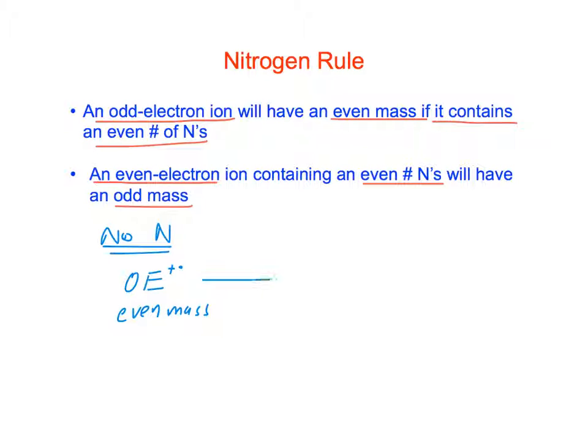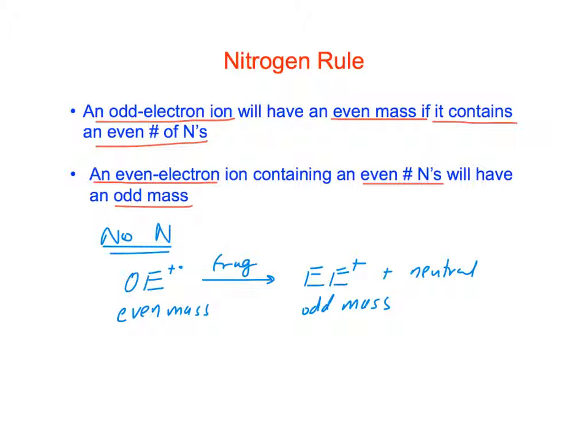If this fragments, then we will get an even electron ion, and this even electron ion will have an odd mass, and it will give off a neutral piece, the radical usually. So this is the most common situation that we'll see.